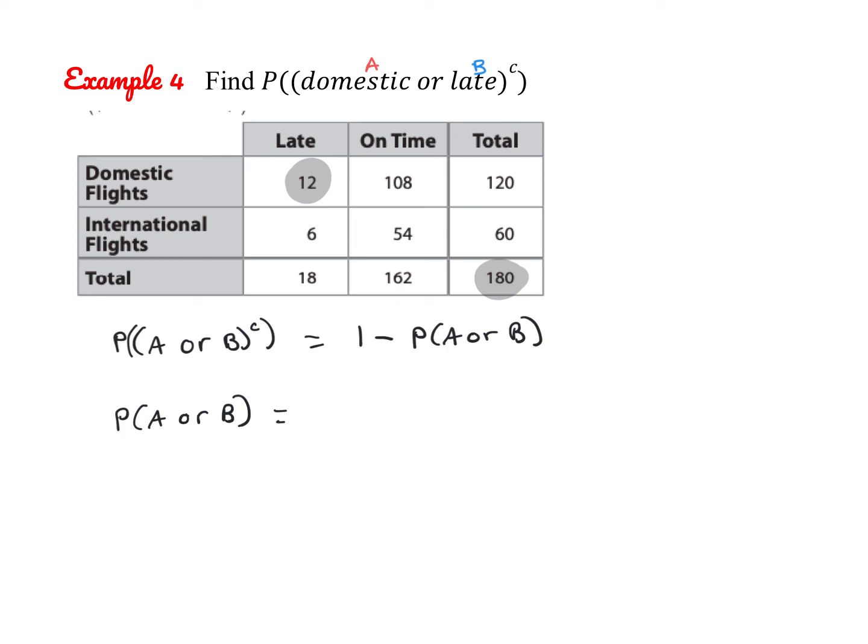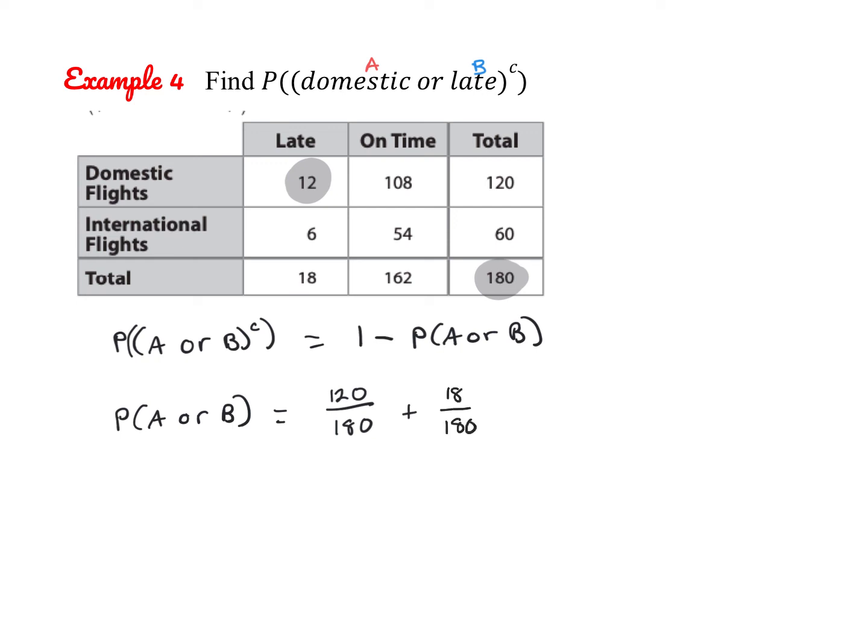Okay, let's start with the probability of event A, which is it being domestic. So if you look across the domestic row, there are 120 domestic flights out of 180 total flights. And now let's find the probability of the flight being late. So if you look down the late column, there are 18 late flights.